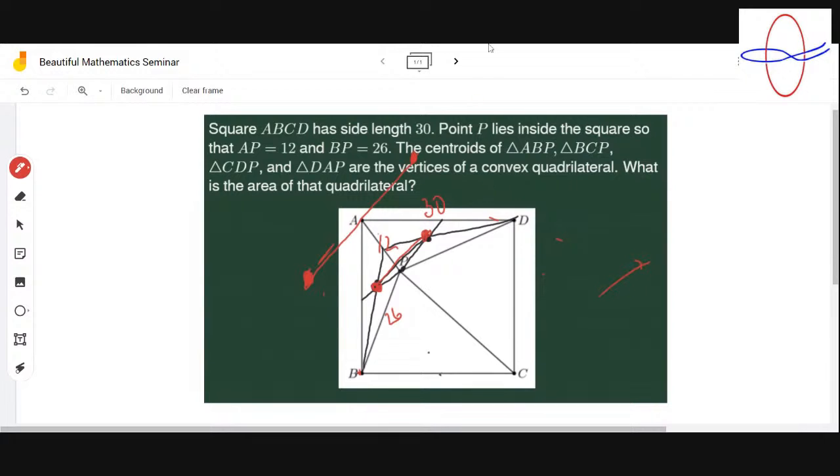So the area of the square is 900, right? We're multiplying it by 2.